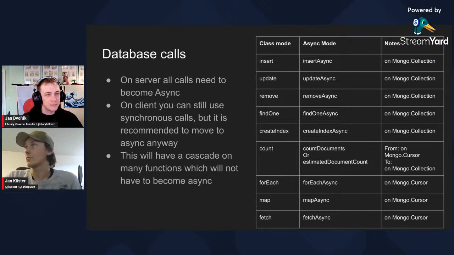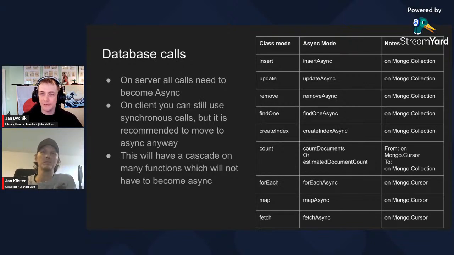I was just cross-checking the document again for any other methods affected, and I think these are the most popular or the most common ones in use, but there are actually many more, like create capped collection and things. We will refer to the upgrade guide. I just want to leave it here that these are the most popular ones, but there are also some more methods that are affected, of course.